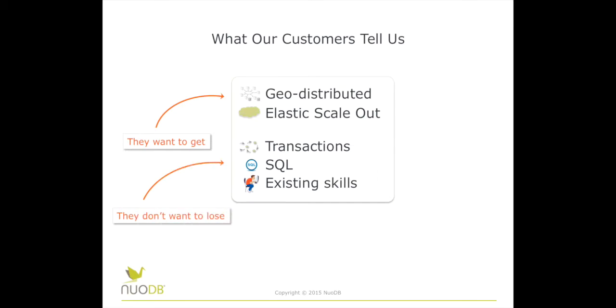So if I was to summarize what our customers told us, they want elastic scale out, and they want geo-distribution, but they're not prepared to throw away the transactional consistency they have in their existing applications, and the ease of developing and delivering with their existing skill sets in SQL.